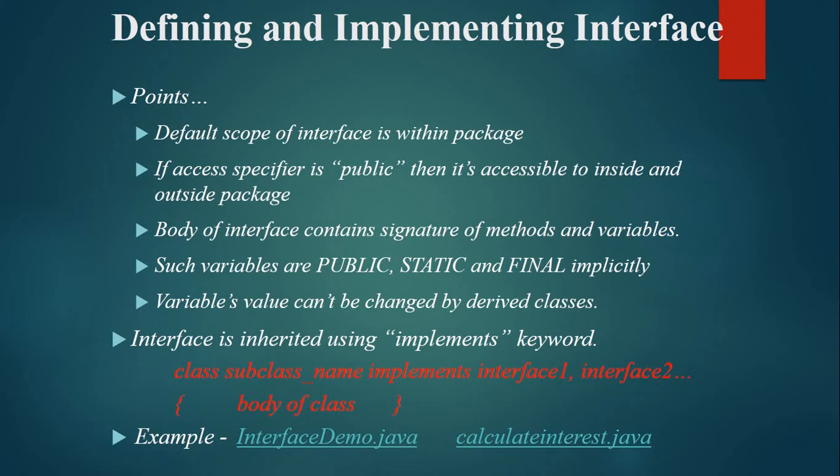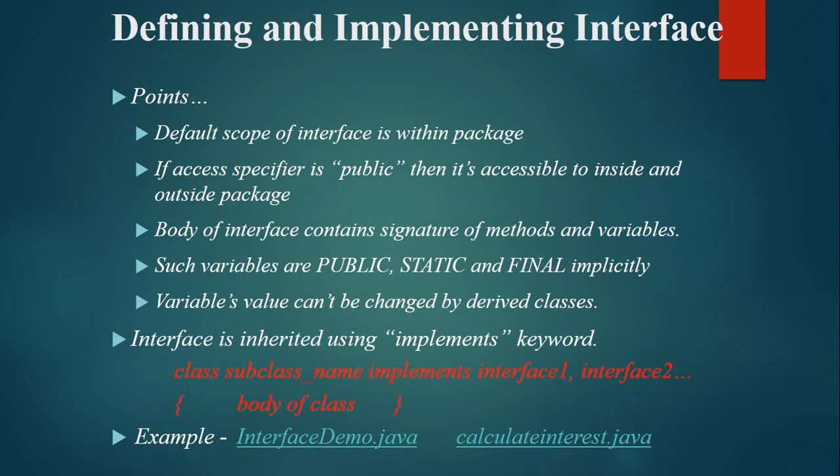That package we will learn in the next video lectures. The body of an interface contains signatures of methods and variables. Signature of a method means only the declaration part will be there, no body part. Such variables are public, static and final. The variables' values can't be changed by derived classes because those variables are final. An interface is inherited using the implements keyword.